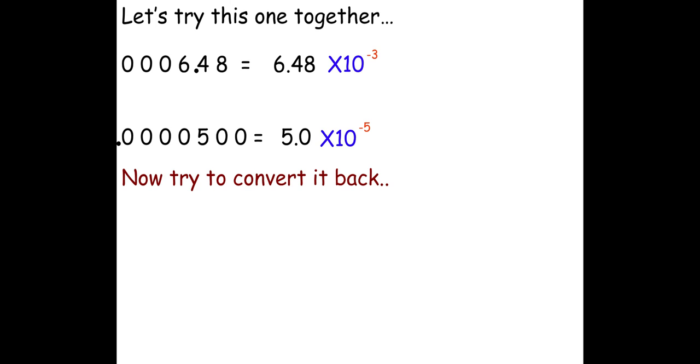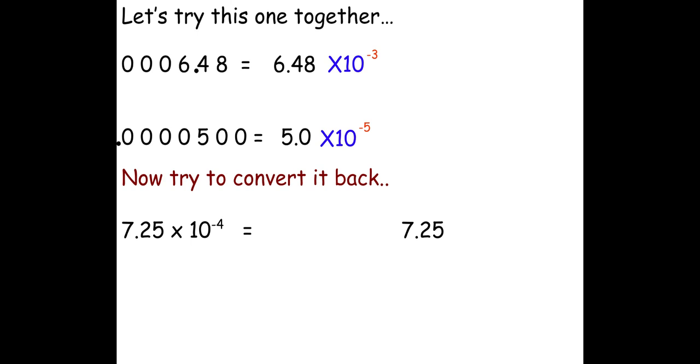Now, sometimes if you go into a door, you need to be able to come out, okay? So if you convert into scientific notation, you should be able to convert them back into ordinary decimal. So if I had this number in scientific notation, how do I convert it back into ordinary decimal?